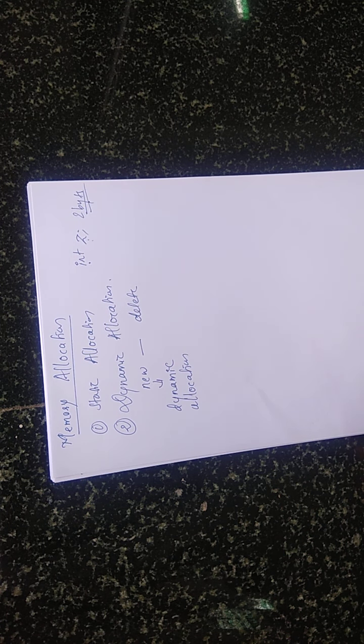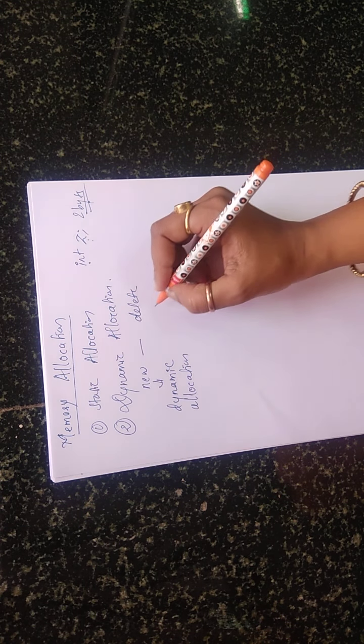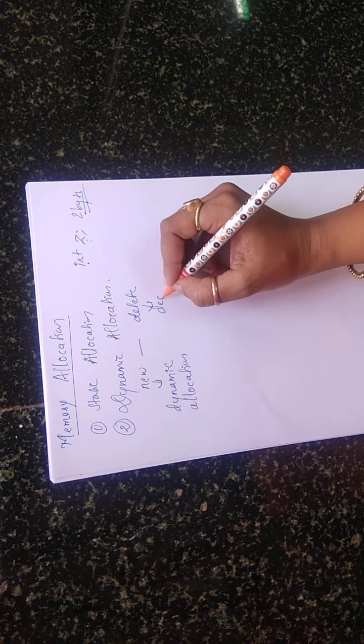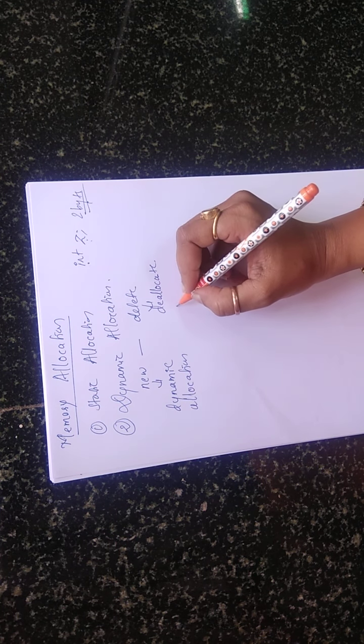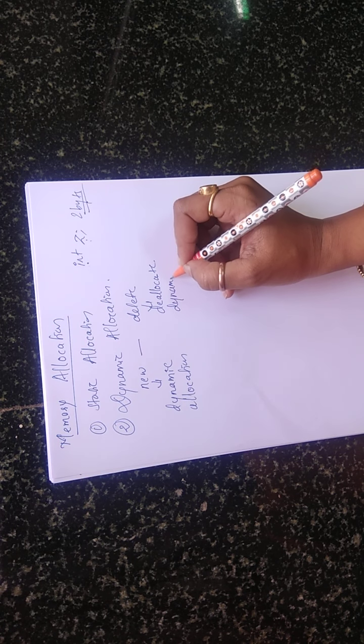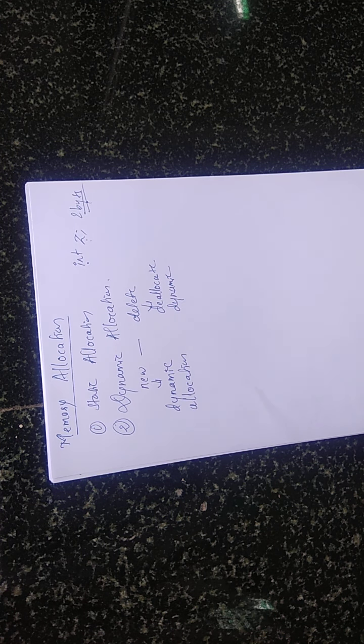When you want to allocate memory at runtime, we use this new operator. And when you want to deallocate the memory dynamically at runtime, then we use the delete operator.